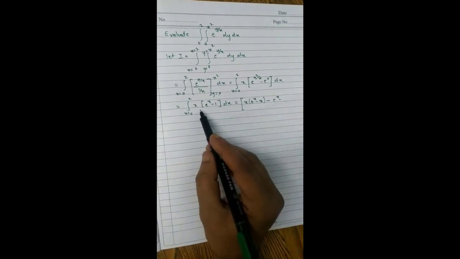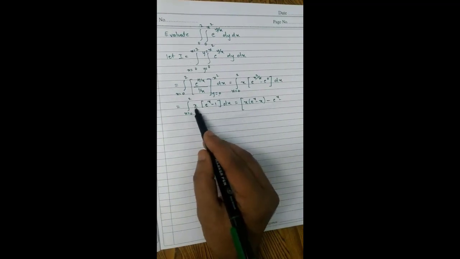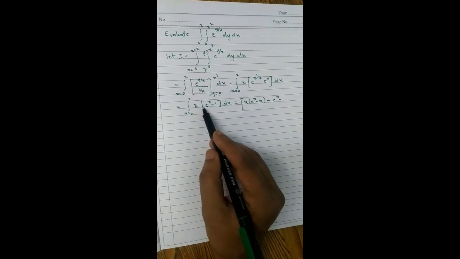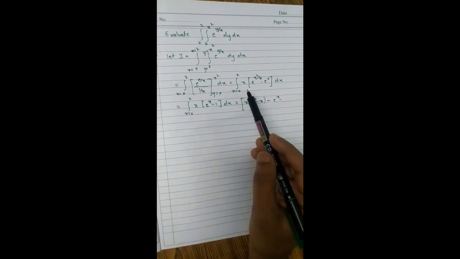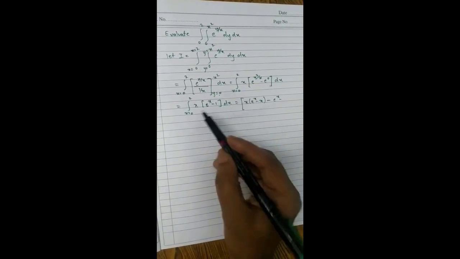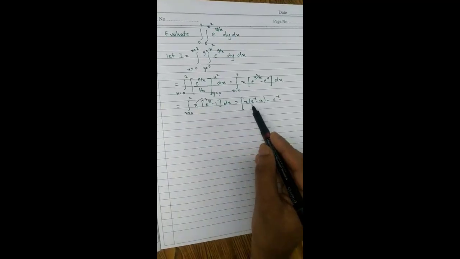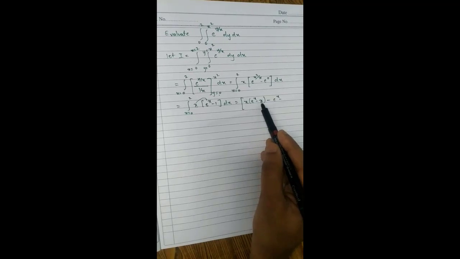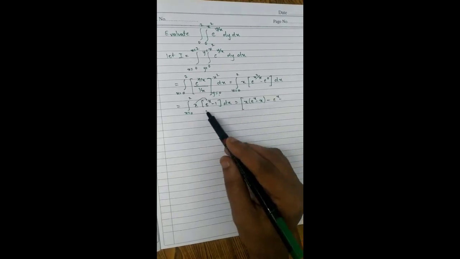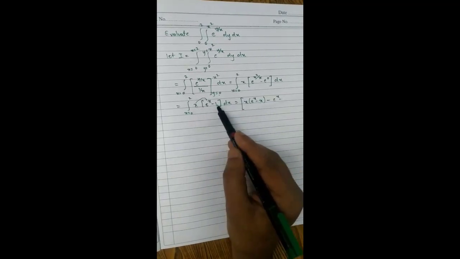So I need to integrate this, okay? Sorry, that is with respect to x, into e raised to x. So this is integration by parts. So I multiply this x into e raised to x. So this turns out to be x e raised to x minus x square, and this is nothing but x into 1.